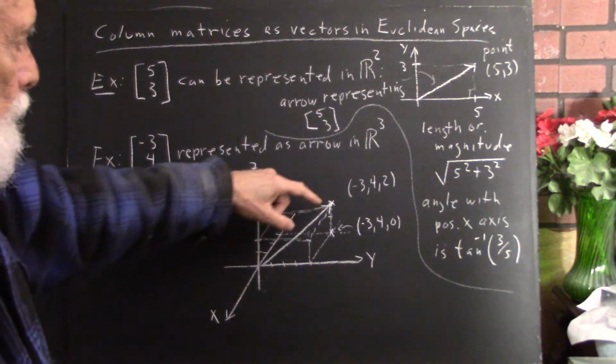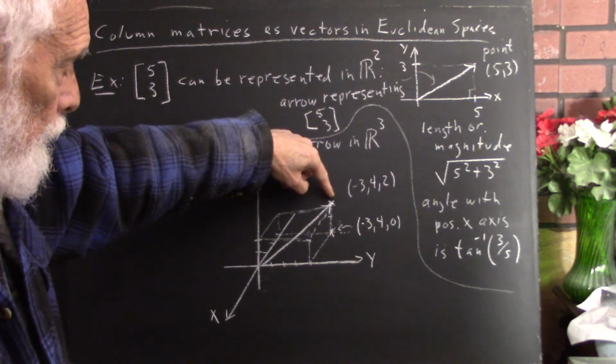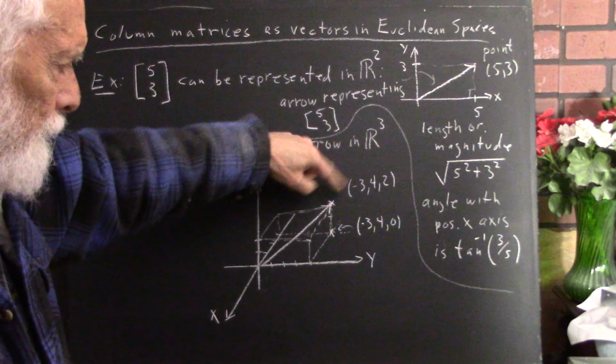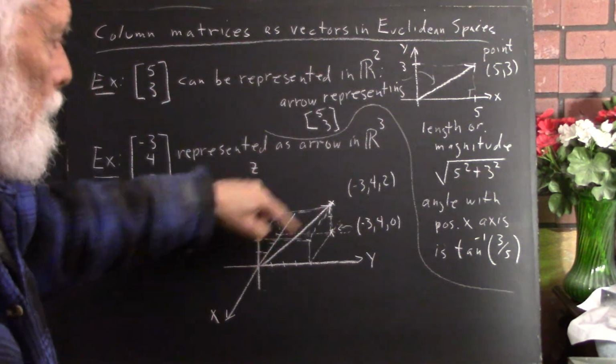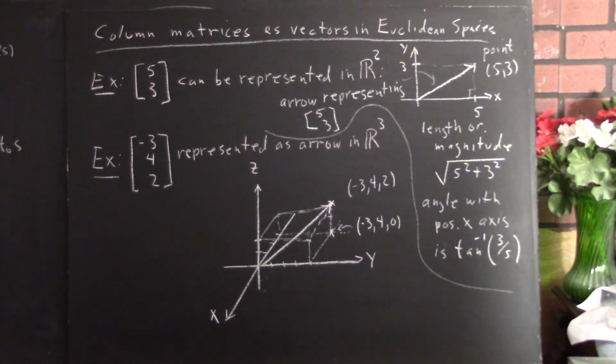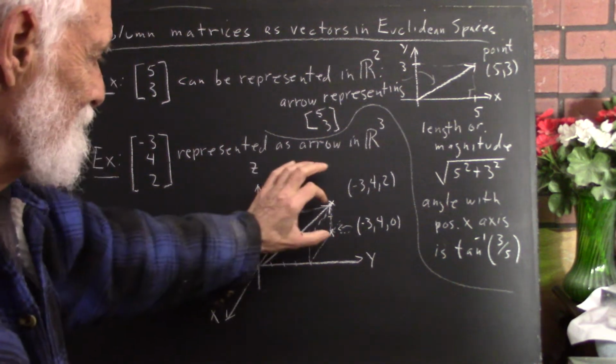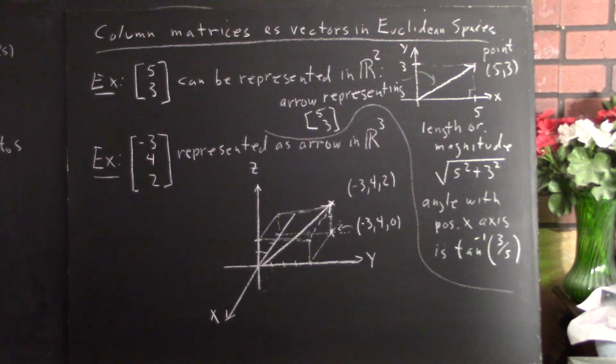And we see that this vector goes from the origin out to this point that's diagonally opposite at the corner of that box. Looks like my distance here came up too high. Anyhow, we get the idea. Here's the vector.